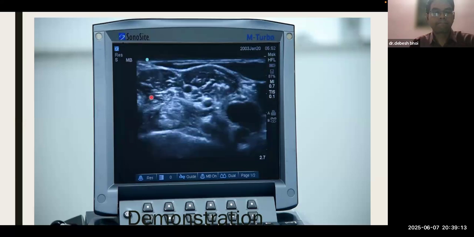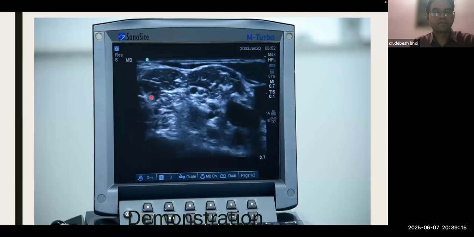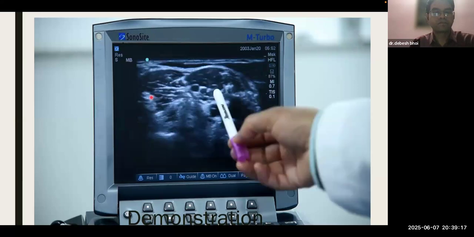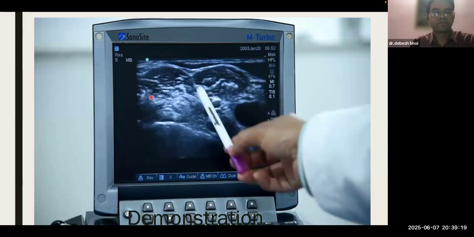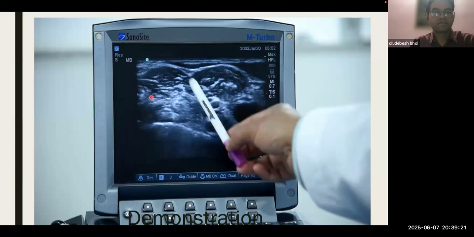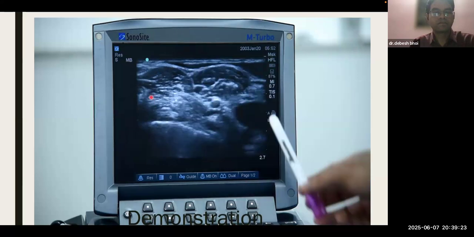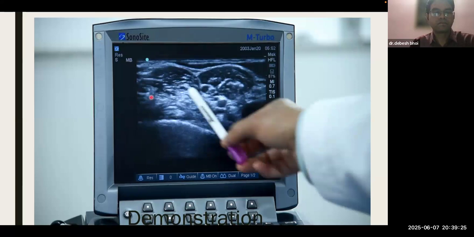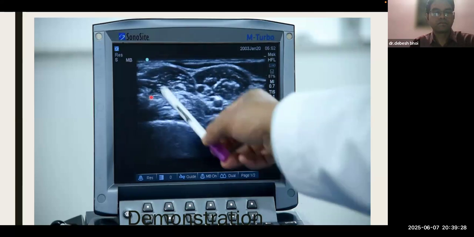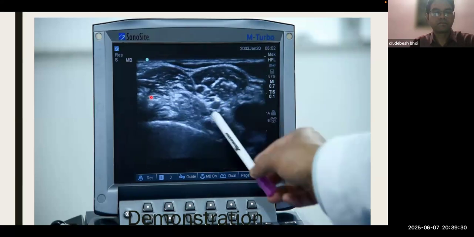If you go up, you can see this is the plexus that lies between the middle scalene muscles and the interscalene muscles, basically. This is the medial side, this is your lateral side. This is the middle scalene and this is the anterior scalene. Between both the scalene muscles, the supraclavicular plexus lies.